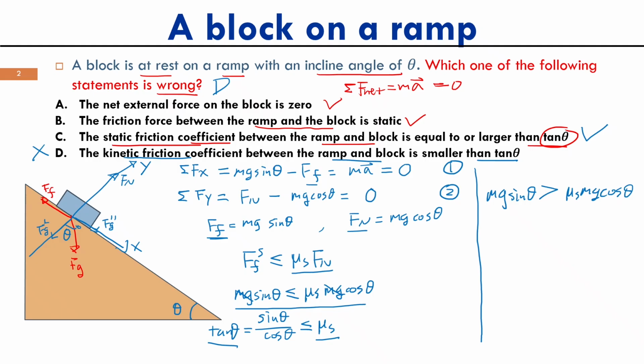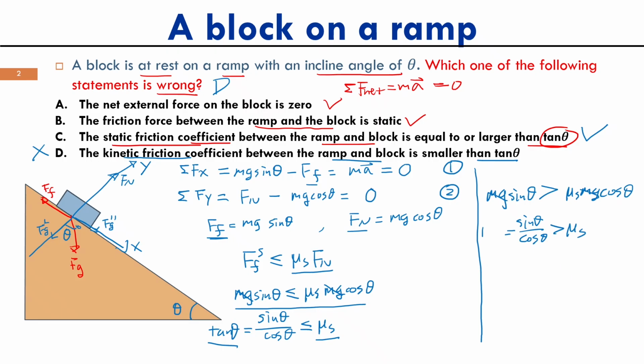So what can we learn from here? If we do this simplification, if we divide both sides of the equation by cosine theta, mg cancels out, and it's going to be sine theta over cosine theta, which is tangent theta, larger than mu s.